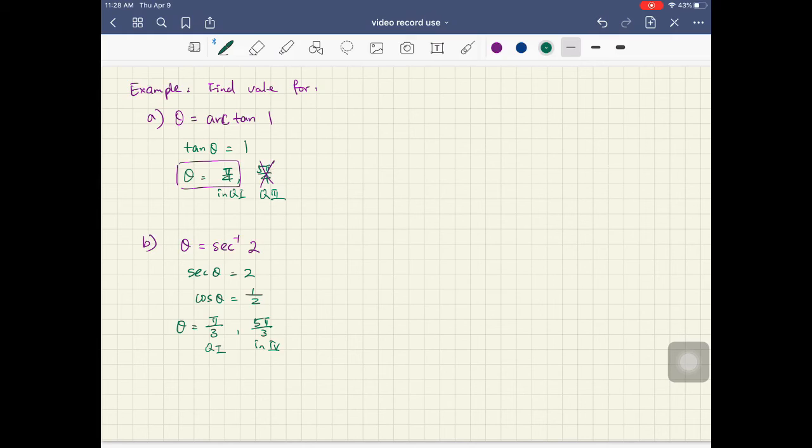Both give me positive 1/2. Because the range for secant inverse is between 0 and pi, we cannot have 5 pi over 3. So the answer is going to be pi over 3.